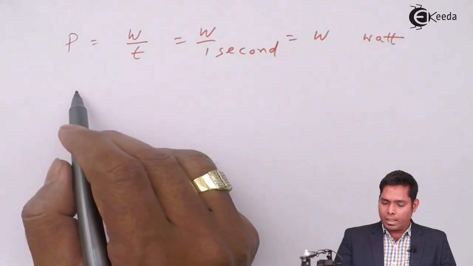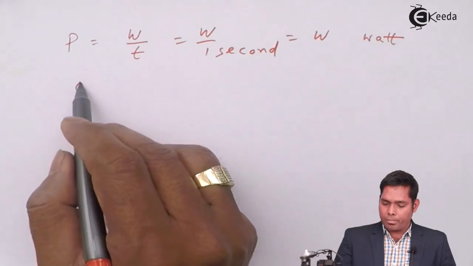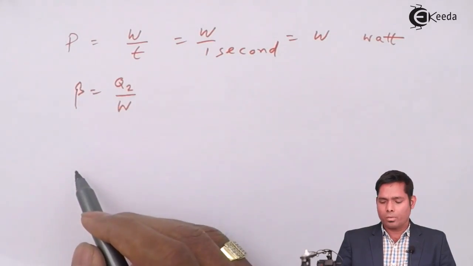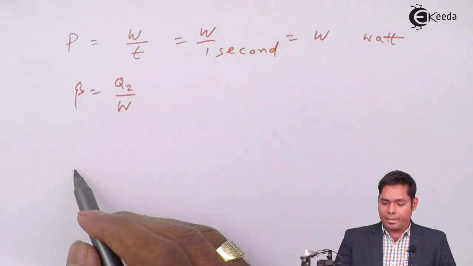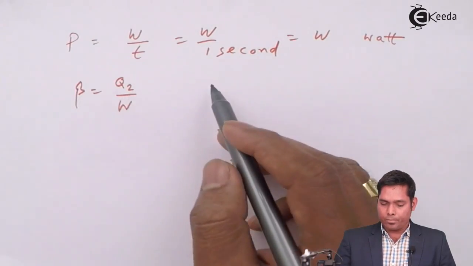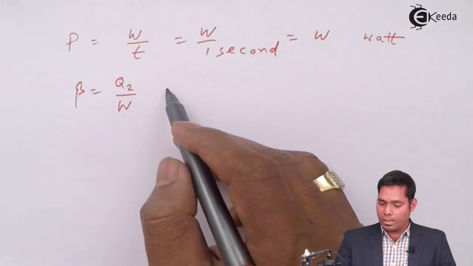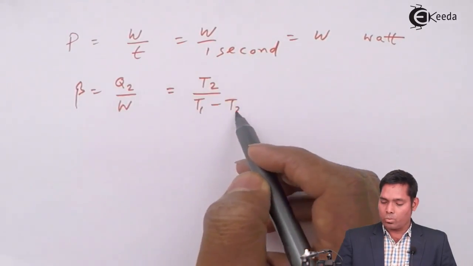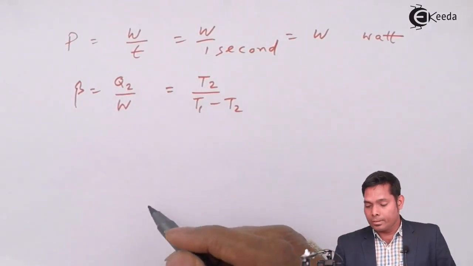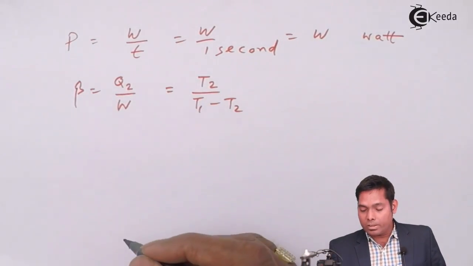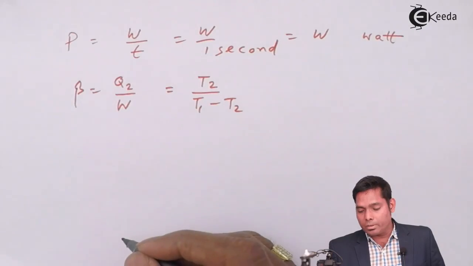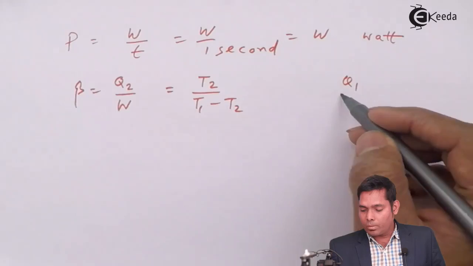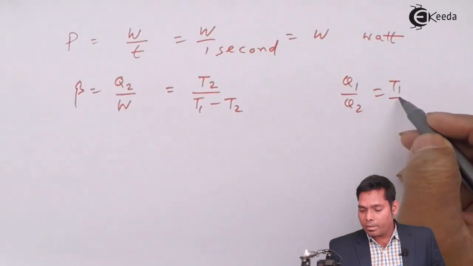We know that the coefficient of performance is Q2 divided by W, and that can also be written as T2 divided by T1 minus T2. How is that done? Because we know that Q1 by Q2 is T1 by T2.